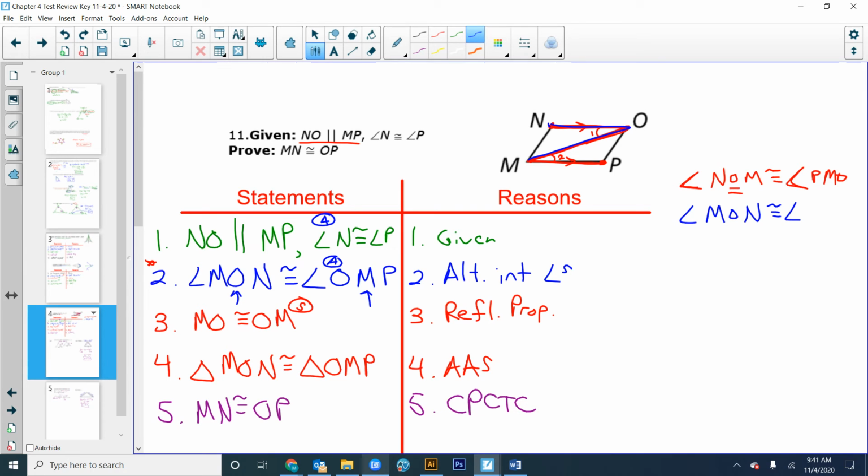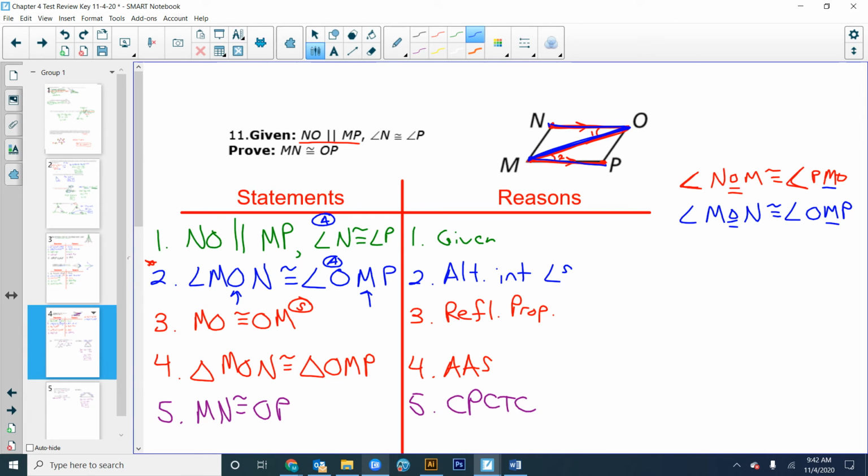And if they went MON, then they went OME. Again, what really matters is the center letters match up, and that it could be reversed. If you reverse it, that's fine. The center letter is the important part, as long as you're reversing both of them. But either of those is fine.